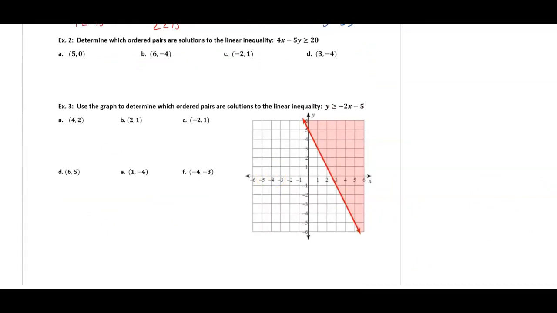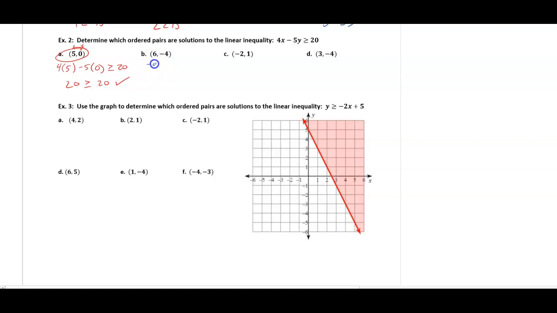Determine which ordered pairs are solutions to the linear inequality 4x minus 5y is greater than or equal to 20. So same thing. Substitute the values of x and y in and check for a true statement. So here's x, here's y. It's 4 times 5 minus 5 times 0. Is that going to be greater than or equal to 20? Is 20 greater than or equal to 20? Yes, since it's equal to, that's a true statement.